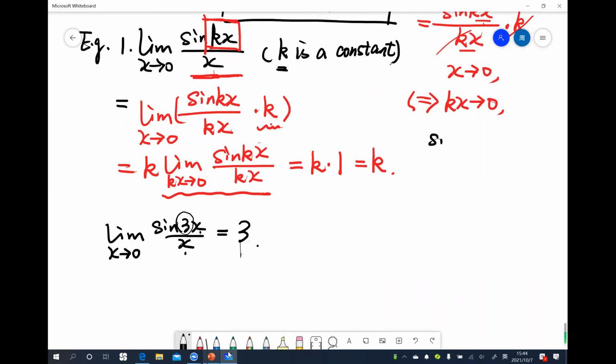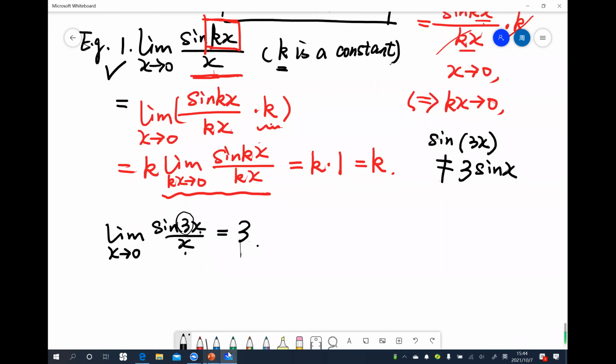because sine 3x does not equal 3 sine x. They are not equivalent. So remember that. If you write this as the solution here, it is correct.